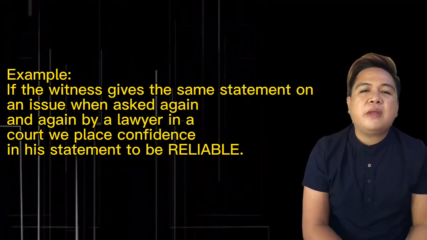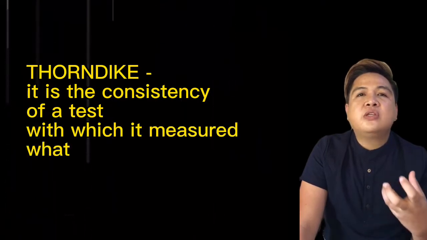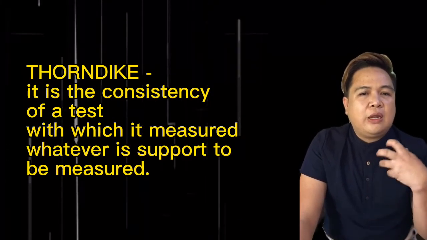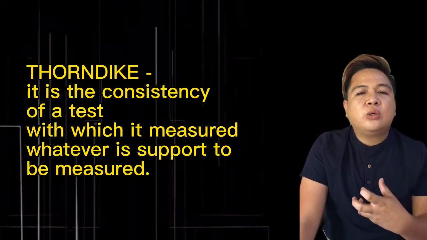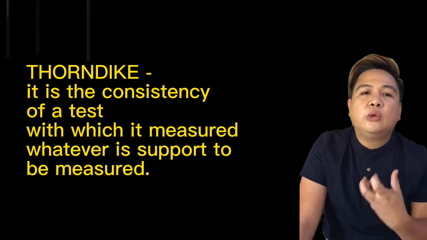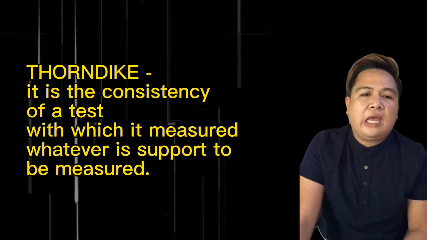Here is some information from our proponents for a more solid basis of the definition of reliability. According to Thorndike, it is the consistency with which a test measures whatever it is supposed to measure. Reliability is usually thought of as the degree to which the test is free from compensating errors.